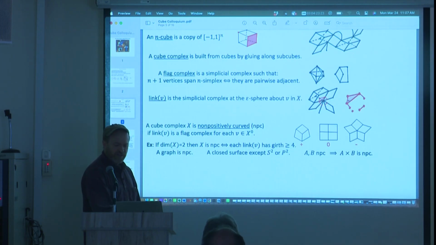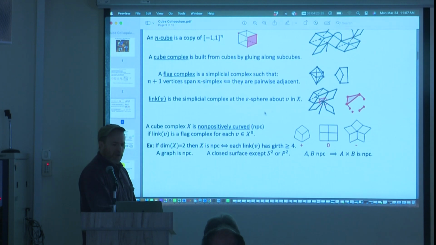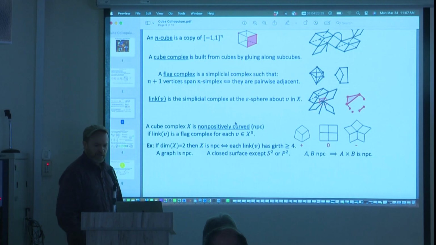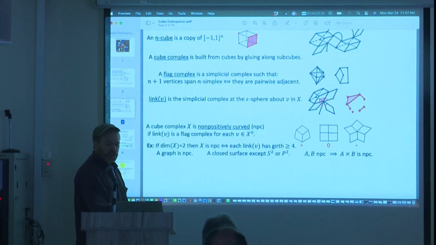So that's the link. And the way we define a non-positively curved cube complex is quite simple. We simply require that the link of every 0 cube in your cube complex X is a flag complex. That's all.